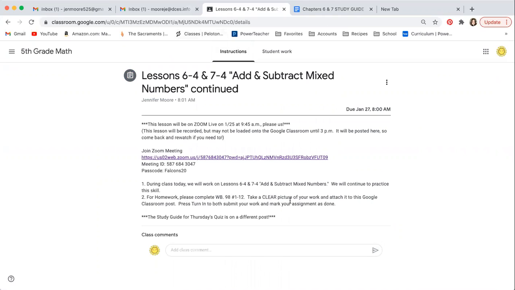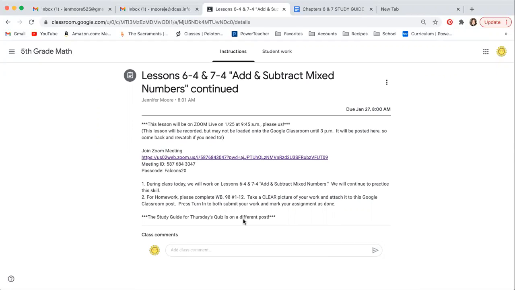And if you could please take a clear picture of your work. And if you do it on loose leaf, if you need to stretch it out, space it out, that's fine by me. And then you will not have math class tomorrow. So you have a couple days here to work on this workbook page, 98, 1 through 12.